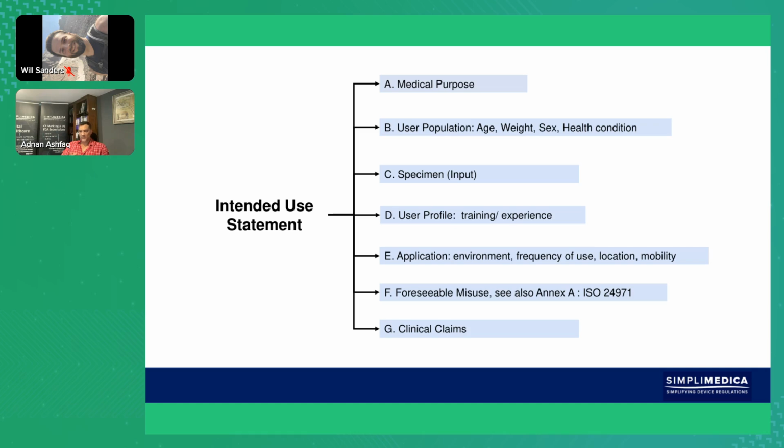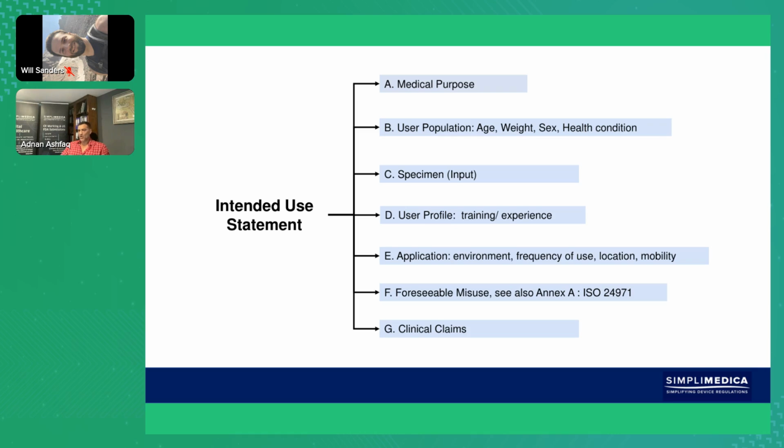We needed to look at user population, and that included age, weight, sex, health condition, the specimen, what kind of input you've got into the device, user profile, training, experience, what level of training and experience is needed, application, the environment where it's going to be used, the frequency of use, is it single use or reusable, location, is it going to be in a home or in a clinical environment, mobility, is it portable, or is it going to be installed?